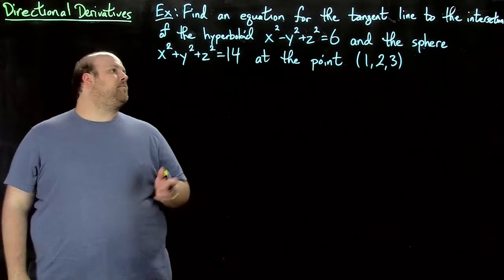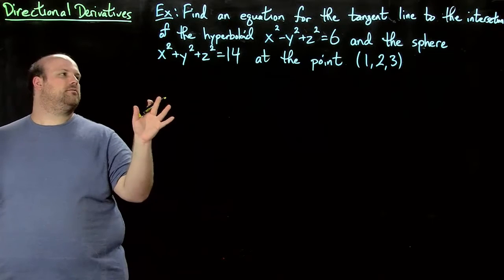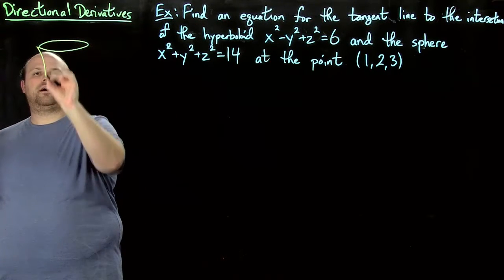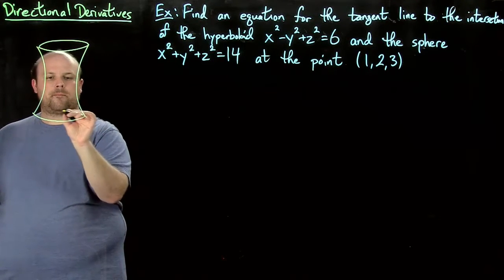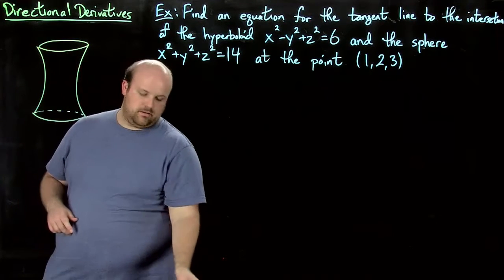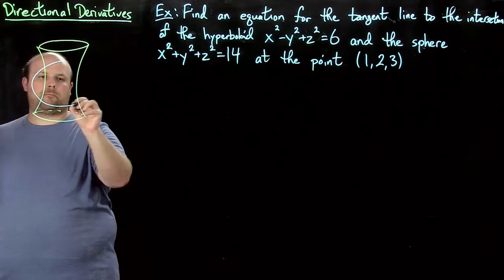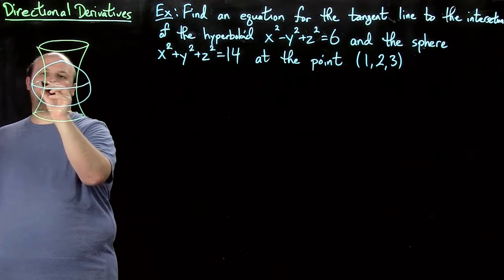Well, what this situation looks like is we have a hyperboloid. Okay? And then we have a sphere. And this should be a good approximation of that.